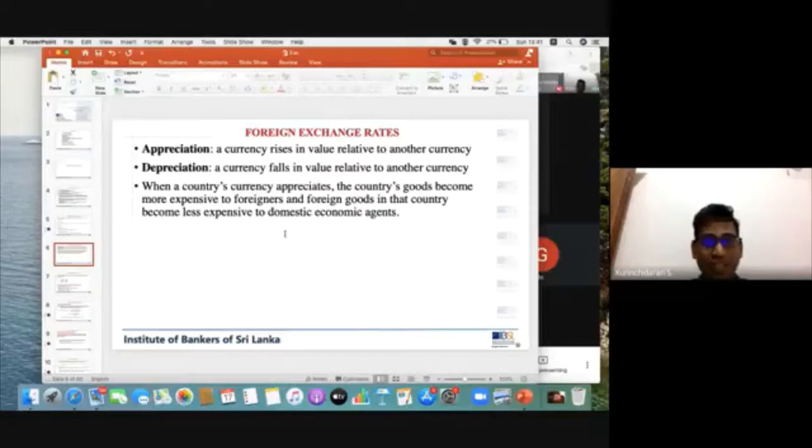So when the currency appreciates, foreigners may face difficulties, in the sense of high expense, to buy our local products. At the same time, foreign goods may be cheaper for the local people. This is the outcome of appreciation. If it is depreciation, it's the other way around.